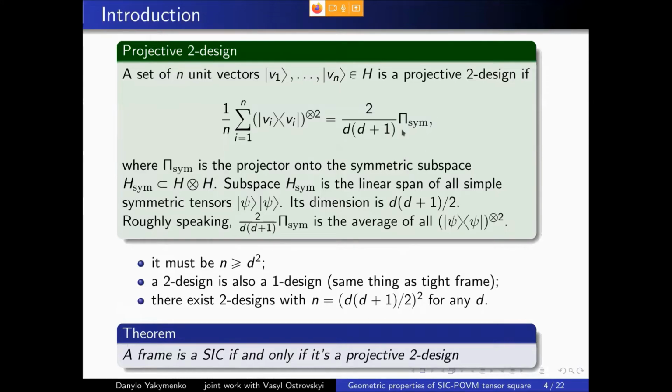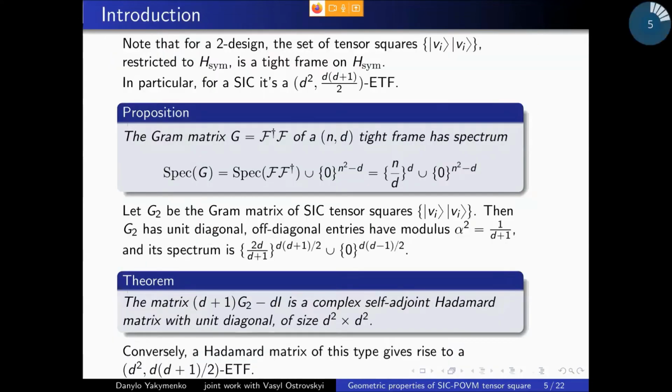And this is just an identity on the symmetric subspace. Okay. So we can view it as a tight frame on the symmetric subspace, right? And once we have a SIC, then their tensor squares, all those vectors, this means that they form an equiangular tight frame of this type, right? So d-squared elements in this dimension.